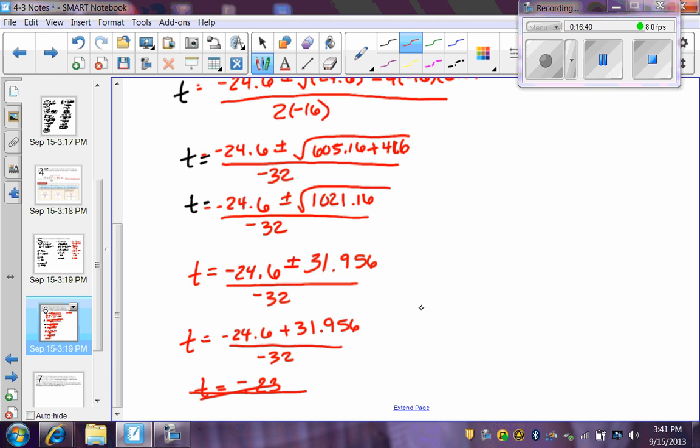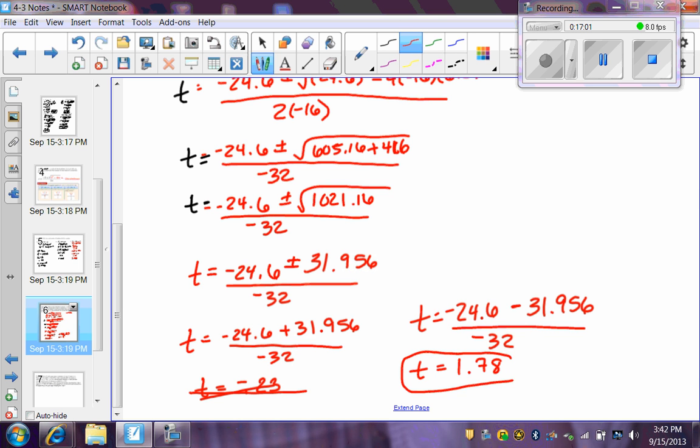So then we also have that t equals negative 24.6 minus 31.956 all over negative 32. And that answer comes out to be roughly 1.78. So that is a valid answer for the amount of time that something is in the air.